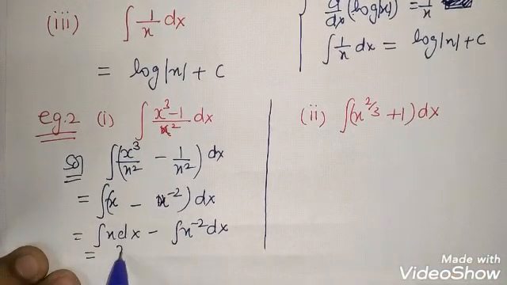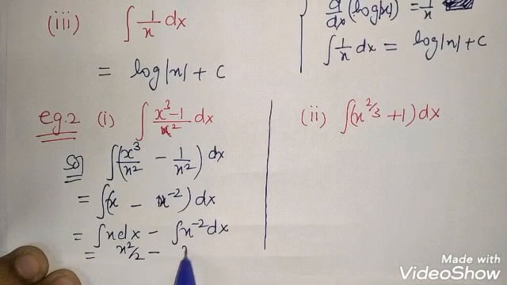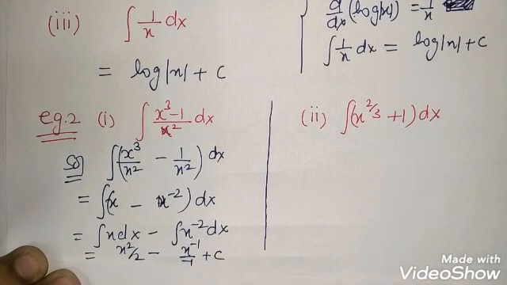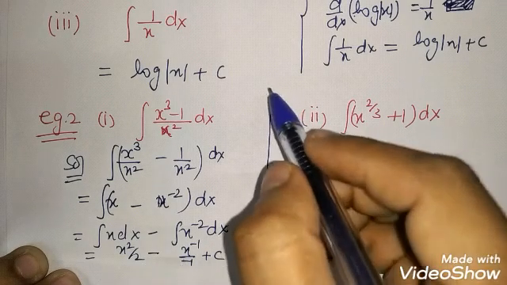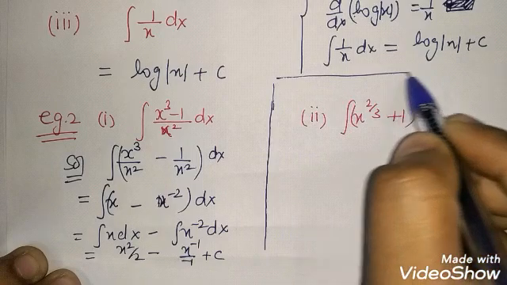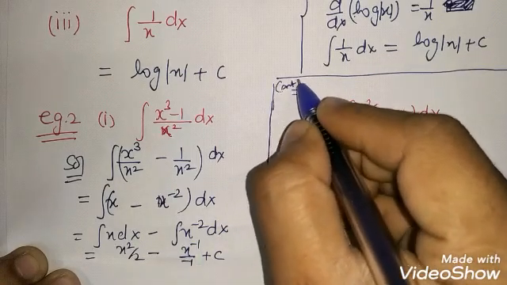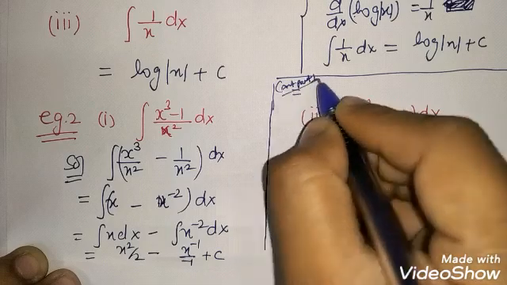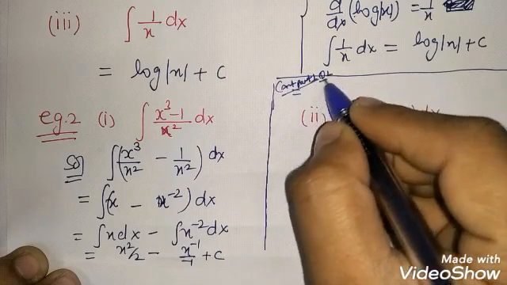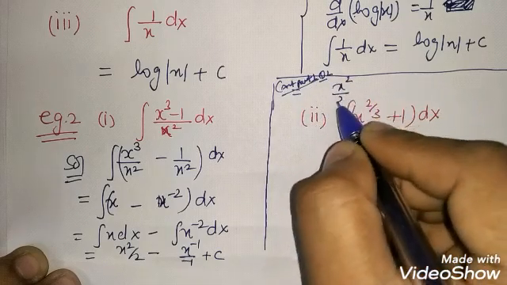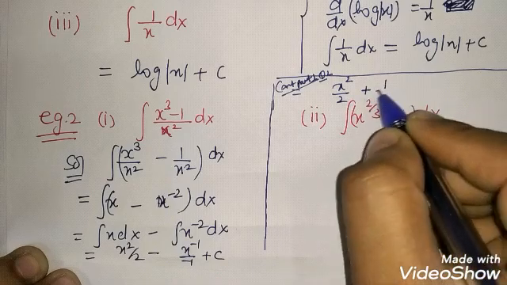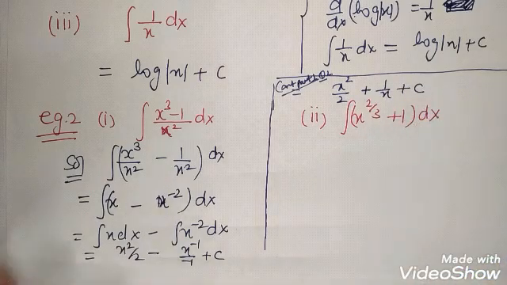This is x square by 2 minus x to the power minus 1 upon minus 1 plus c. If you write it properly, this is equal to x square upon 2 plus 1 upon x plus c. This is the required answer.